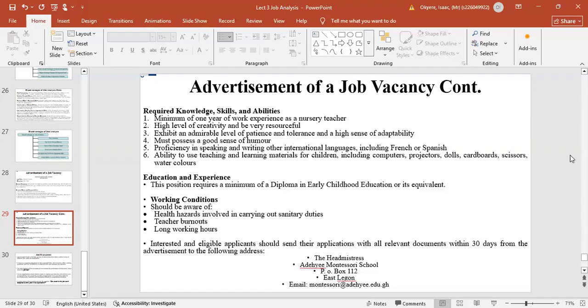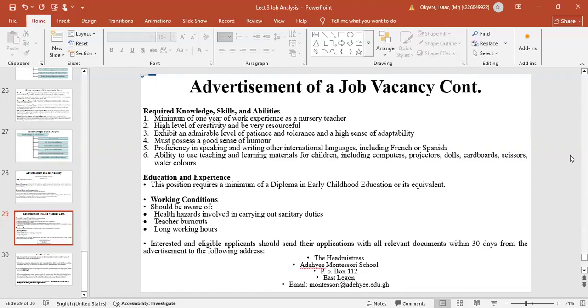This one, they will consider you not qualified, because they say that the person to be given the job should have a minimum number of qualifications. So if you don't possess that minimum number of qualifications, it means you do not qualify for that sort of job.